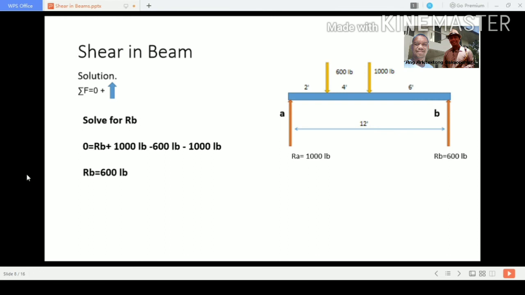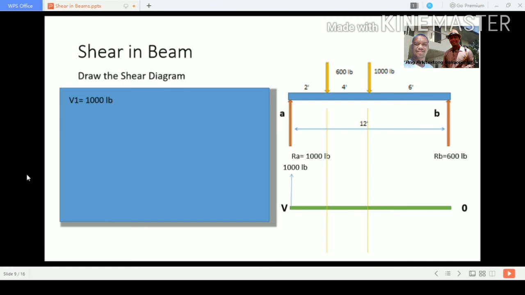And next is negative 600 pounds or minus 600 pounds, negative since the direction is going down, and 1,000 pounds negative going down the direction. So the RB is 600 pounds.